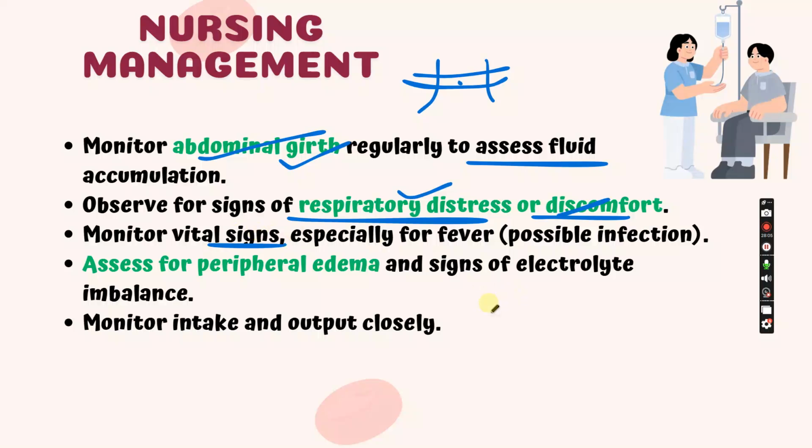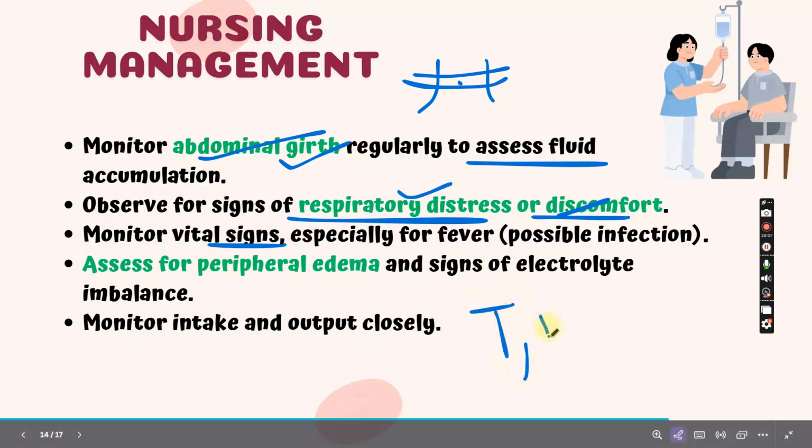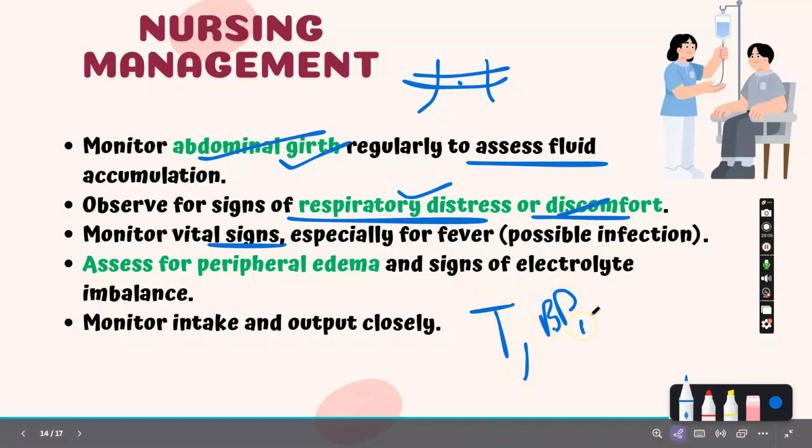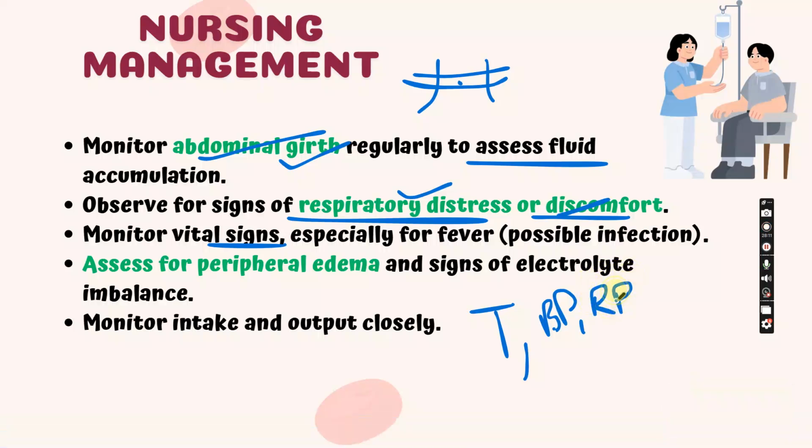Of course, we'll check the temperature, the BP, the respiratory rate, and so on, to check if there is any abnormality, especially fever, because fever denotes the possibility of infection. This is the first sign of infection.